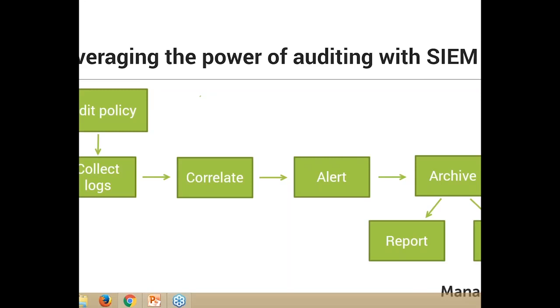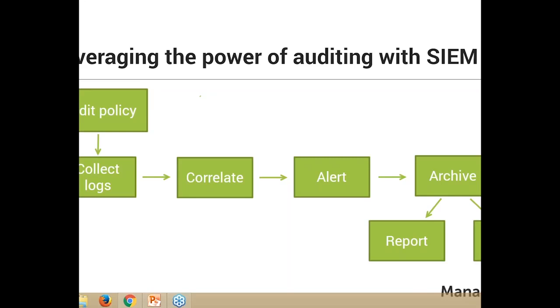In this case, these could be narrowed down to things related to data access. Once you set up this audit policy, your SIEM tool is going to collect all these logs, analyze them by correlating different logs for the different events it collects, and then alert you when something bad or suspicious is happening.